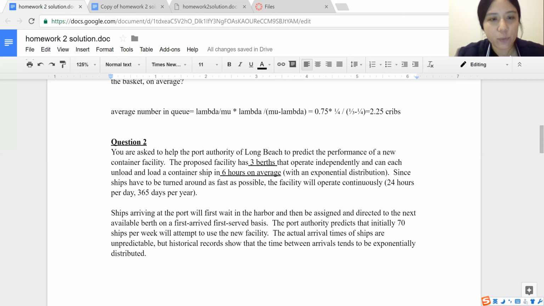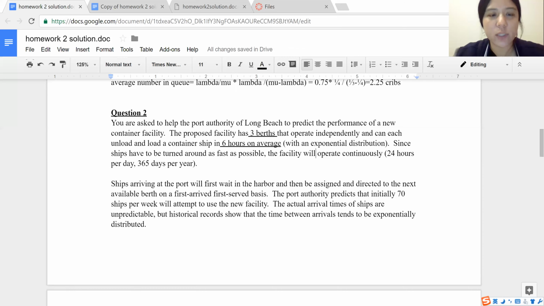Since ships have to be turned around as fast as possible, the facility will operate continuously, 24 hours per day and 365 days per year. Ships arriving at the port will first wait in the harbor and then be directed to the next available berth on a first come, first served basis.